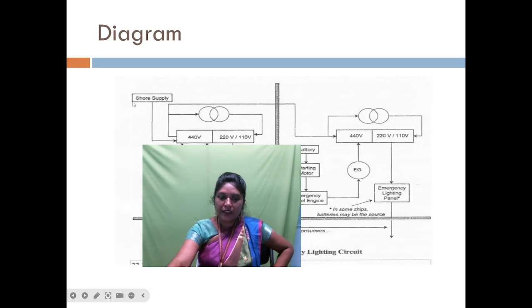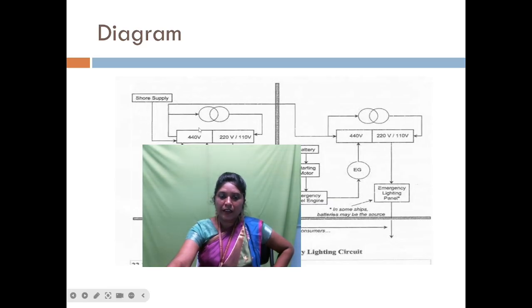There is also an external supply: it can be connected to the shore supply. If the ship is at docking period, we can switch over the power to the shore supply. So either we can operate by the main generator or the shore supply.